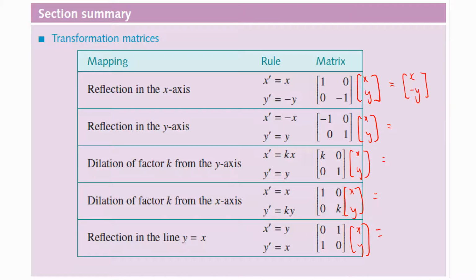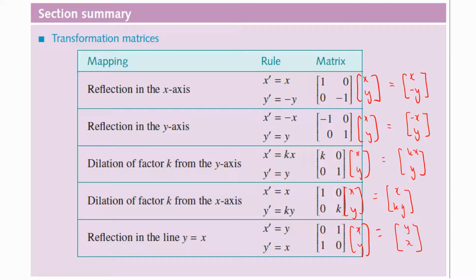If I multiply it, it ends up being negative x, positive y. If I multiply this one, this now becomes kx, positive y. If I multiply these two, this becomes x, ky. If I multiply these two, 0 times x is 0, and then 1 times y, so this becomes y, this becomes x.